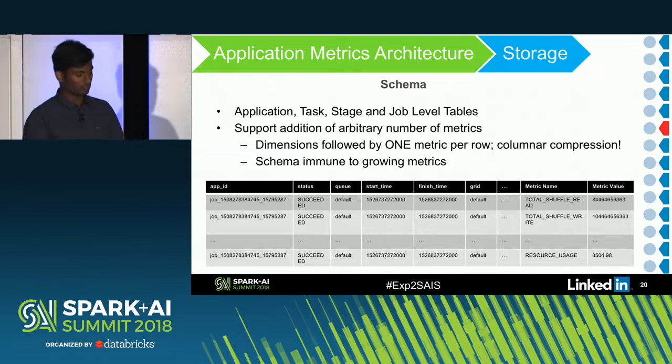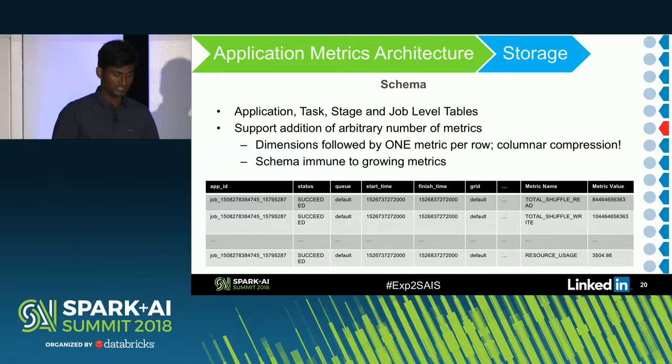Pinot has a concept of tables. So we have several different tables like application level table, task level table, stage level, and so on. Each one of these tables has metrics corresponding to it. For example, there's an application level table which has all the metrics corresponding to the applications.